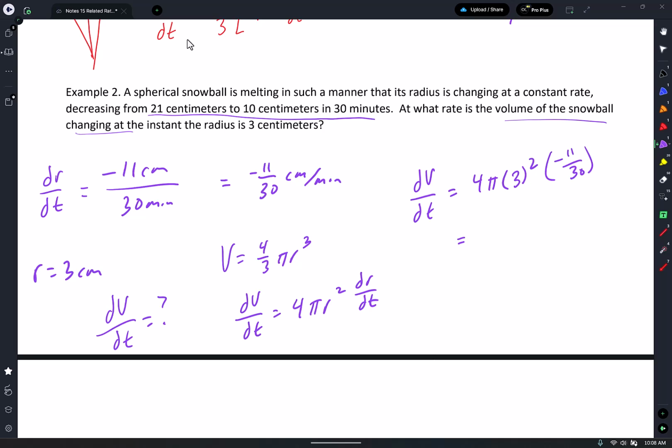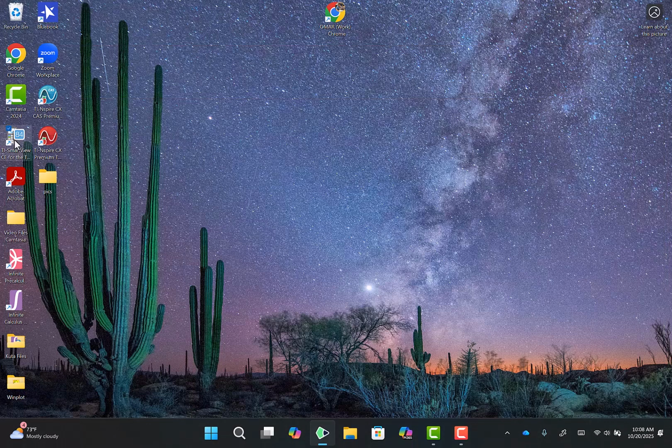Let's see. 3 squared is 9. 9 times 4 is 36. 36 pi times negative 11 over 30. I'm going to take my calculator, and I'm going to go 36 times 11 over 30. So here's my calculator. Yeah, we're going to need calculators, guys. Do you guys want to grab some calculators if you don't have any?